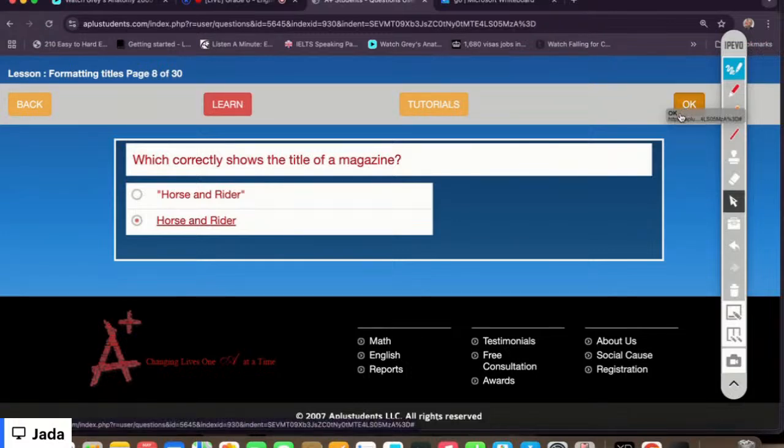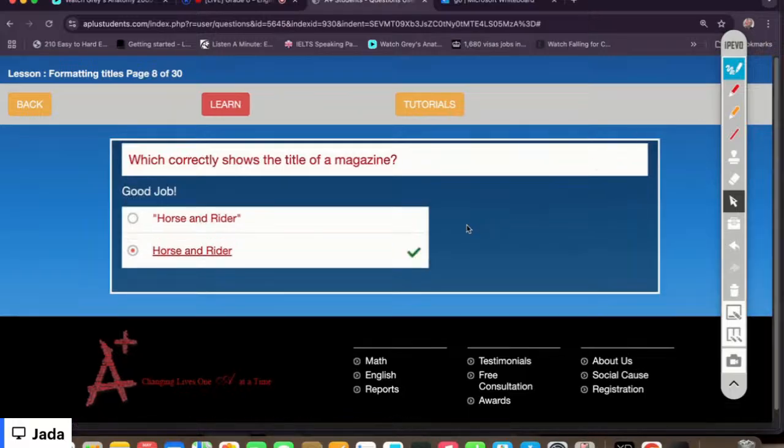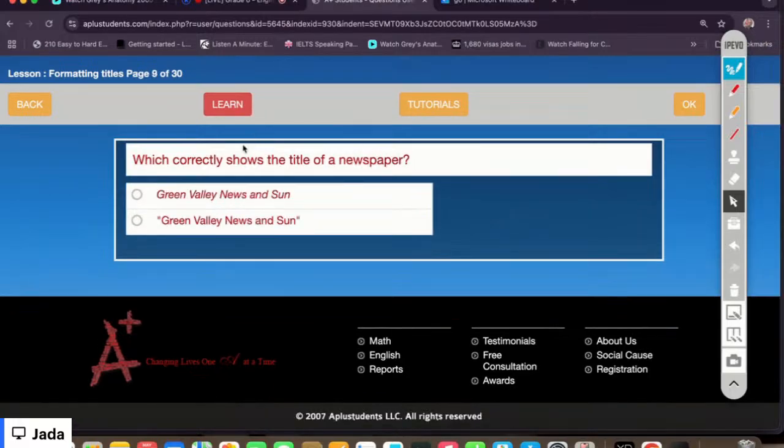Okay. All right, so we have the next, which is newspaper.